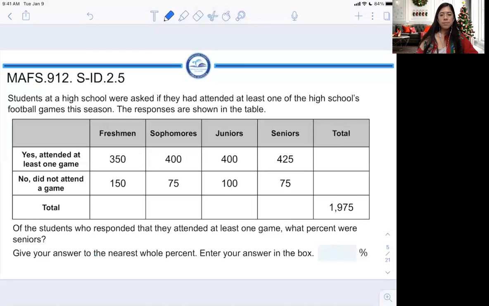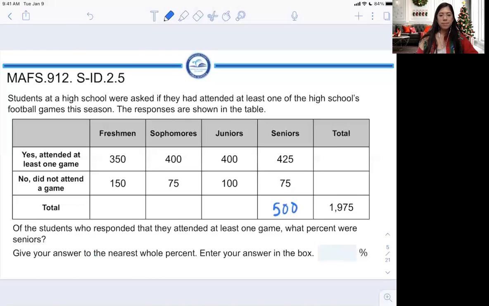Perfect. All right, so seniors, how many are there? There are 500. Good. And then it's saying of the students who responded that they attended at least one game. So how many students responded that they attended at least one game? We're going to have to do some math, right?